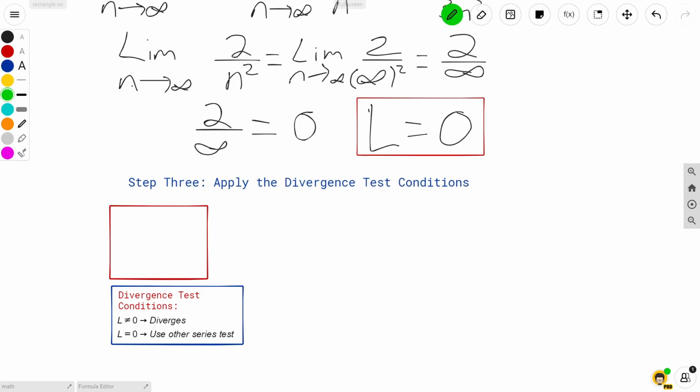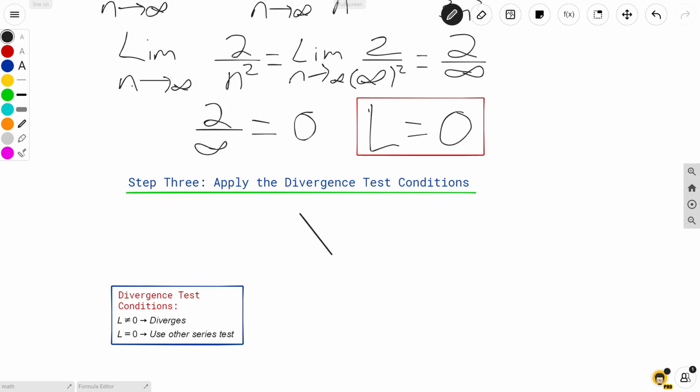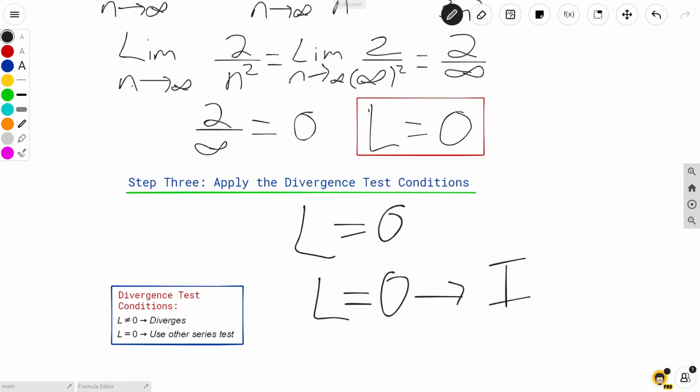By applying the divergence test conditions, we clearly see that L is equal to 0. And since L is equal to 0, what this tells us is that this method is inconclusive. So that's our final answer.